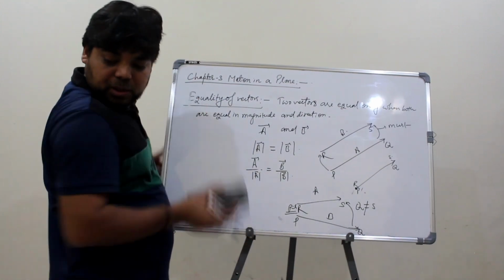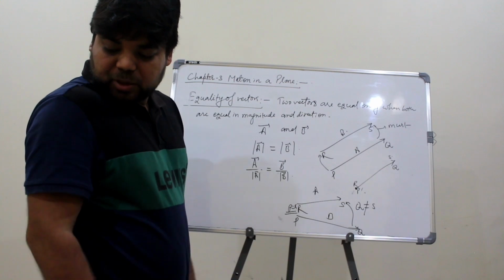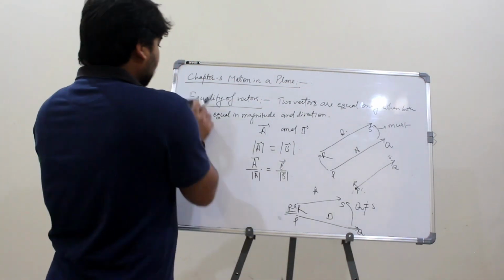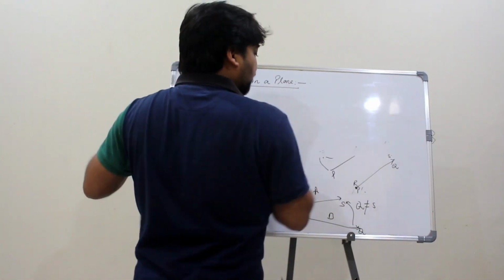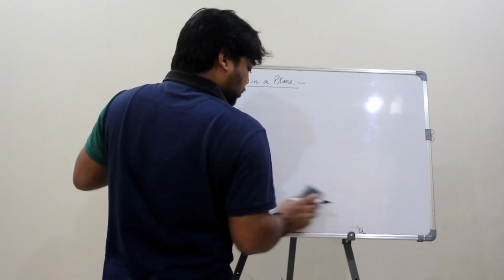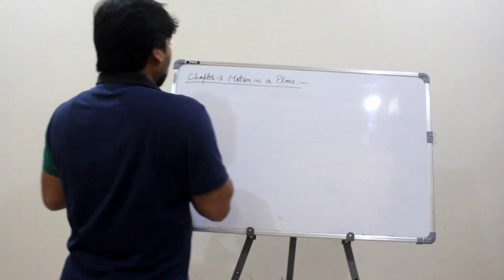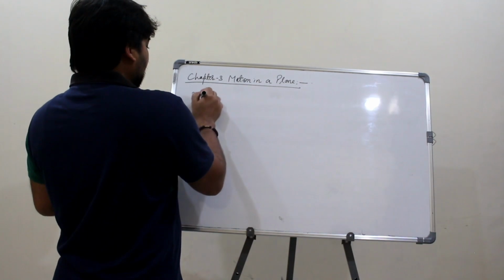Now let us look at one other thing, which is called the multiplication of a vector by a real number. So what is the multiplication of a vector by a real number?